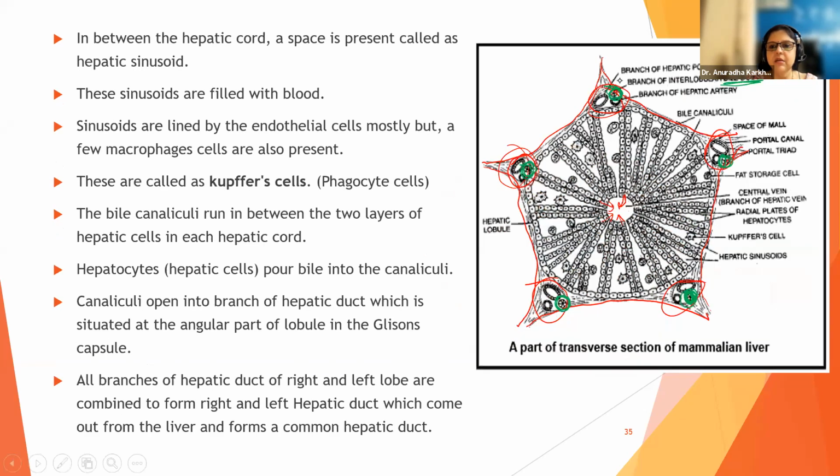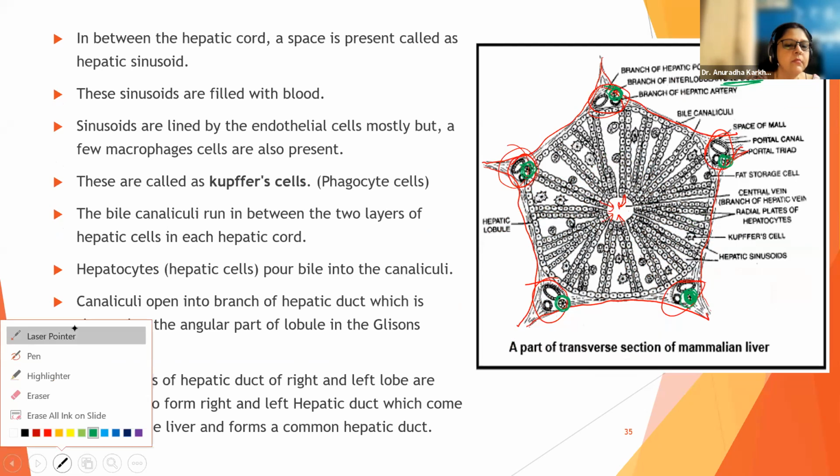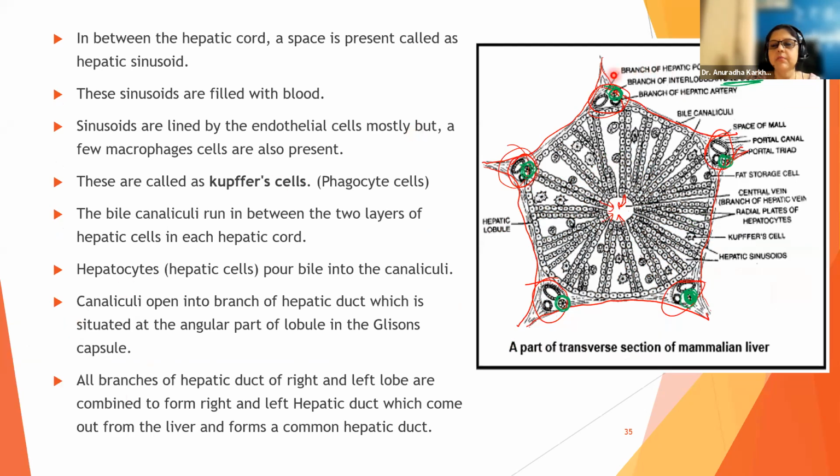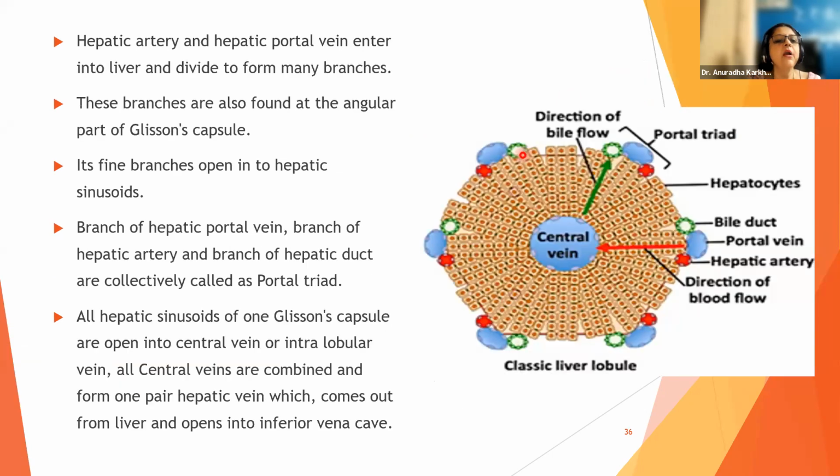See? Look at this. Branch of hepatic artery, branch of hepatic vein. So even they are going to be there in these angular parts of the Glissen's capsule. Correct? Its fine branches open into the hepatic sinusoids. So arteries and veins will open into the hepatic sinusoids.